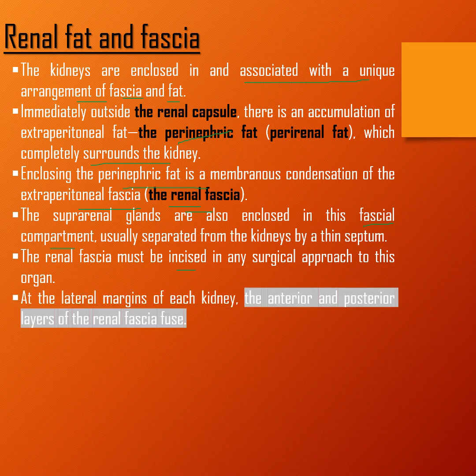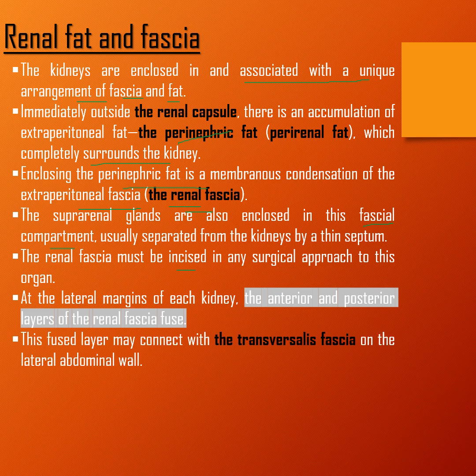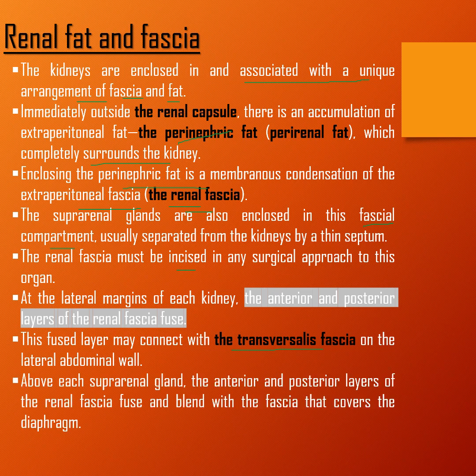At the lateral margin of each kidney, the anterior and posterior layers of the renal fascia fuse. This fused layer may connect with the transversalis fascia on the lateral abdominal wall. Above each suprarenal gland, the anterior and posterior layers of the renal fascia fuse and blend with the fascia that covers the diaphragm.